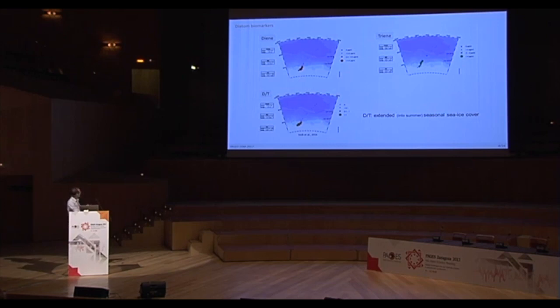Some with double bonds are synthesized only by sea ice dwelling diatoms. Some others are synthesized by diatoms living at the sea ice edge, and the ratio of the two, the double bond to the triple bond, decreases from the coast to the open ocean, and we think this represents a sea ice proxy, so an extended sea ice proxy into the summer.